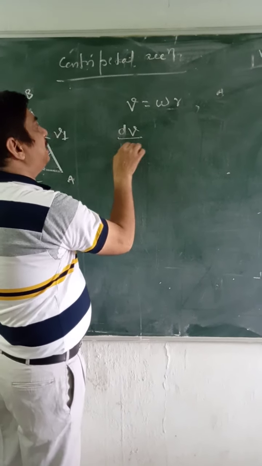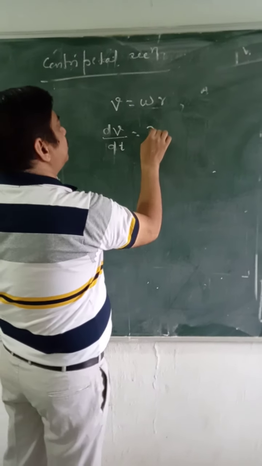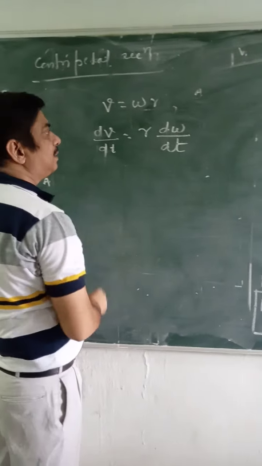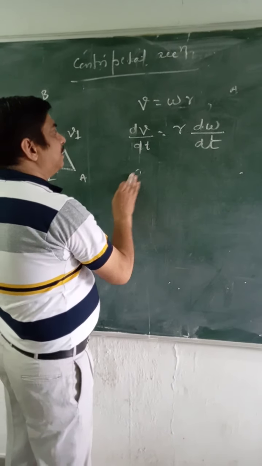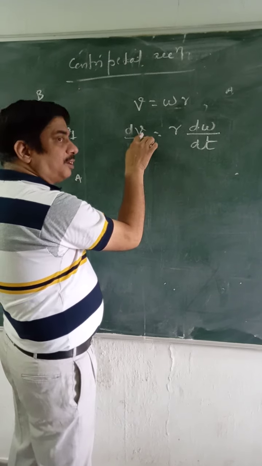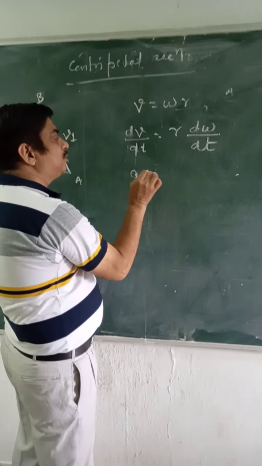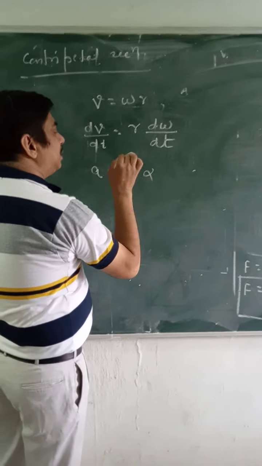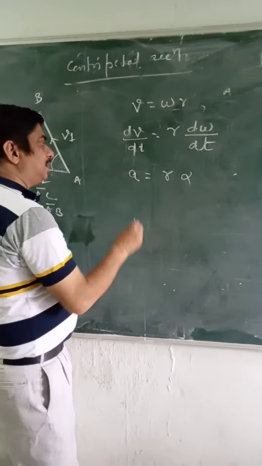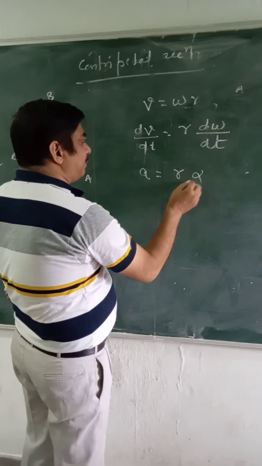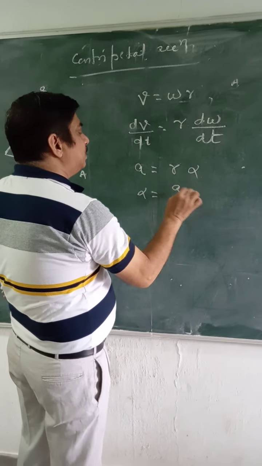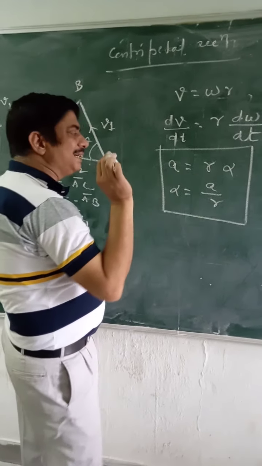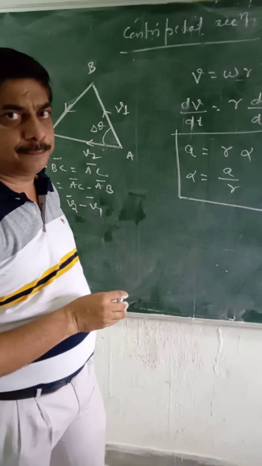So dv by dt is equal to r, constant, d omega by dt. This is the change in linear velocity with respect to time, so it is said to be linear acceleration, and the change in angular velocity with respect to time is angular acceleration, that is alpha. So a is equal to r alpha, alpha is equal to a divided by r. This is the relation between linear acceleration and angular acceleration.